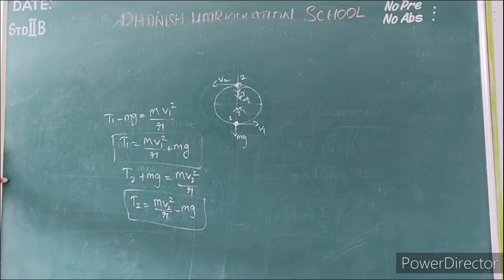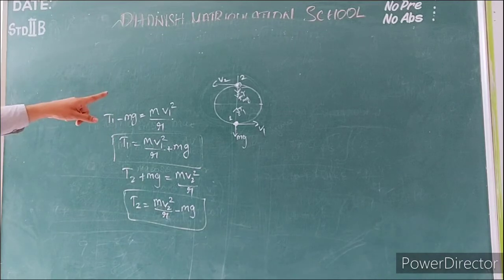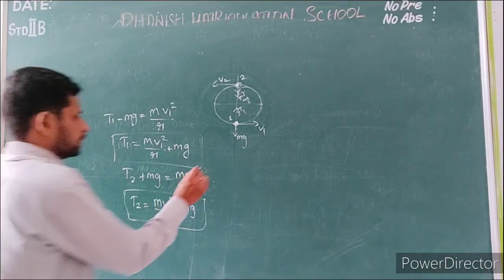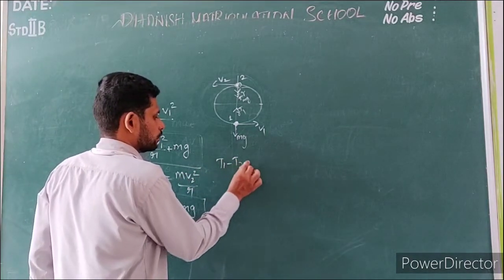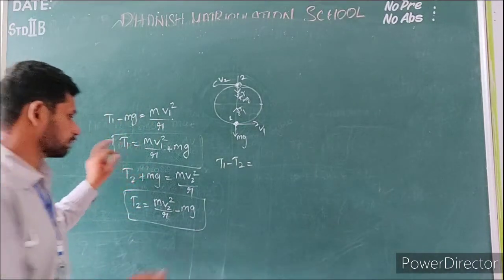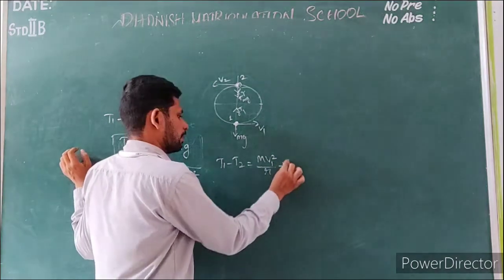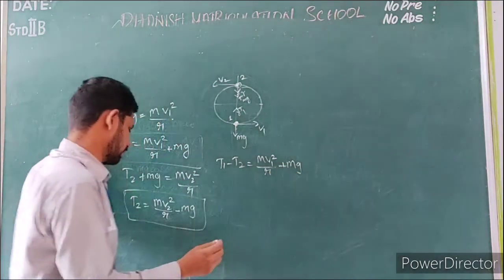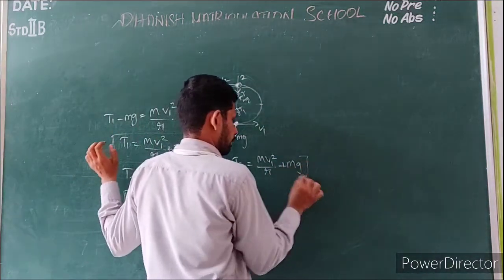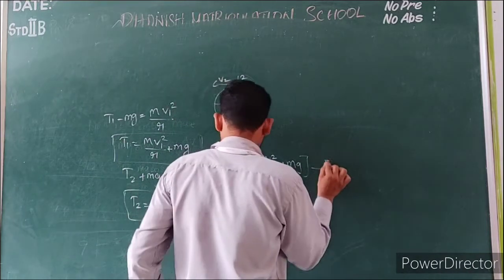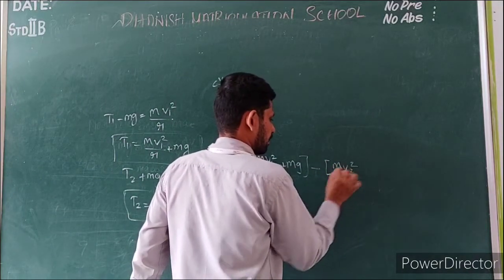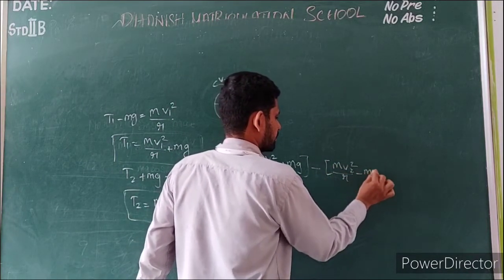Now, what we have to do is T1 minus T2 from the equation. T1 is greater than T2, so T1 minus T2 will be equal to mv1 squared by r plus mg, minus mv2 squared by r minus mg.